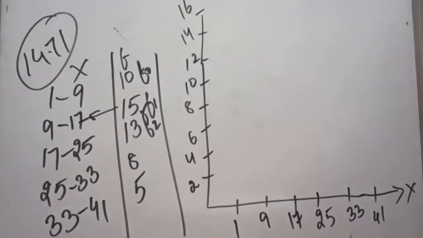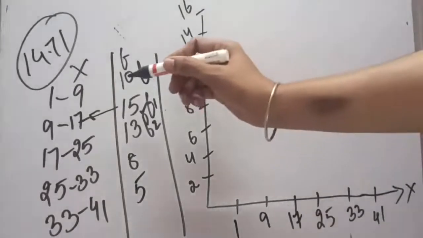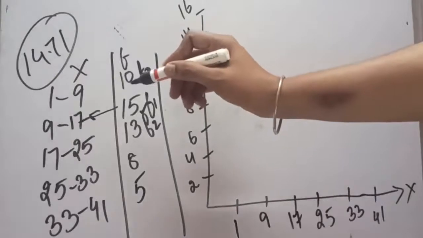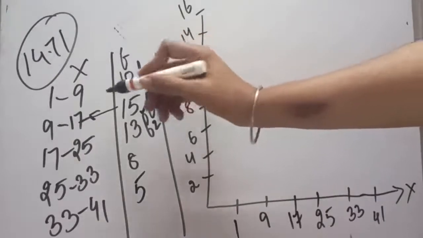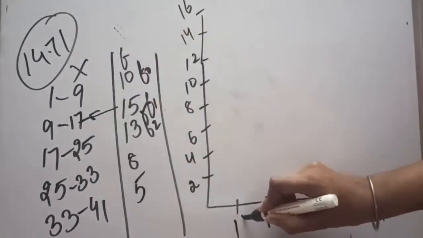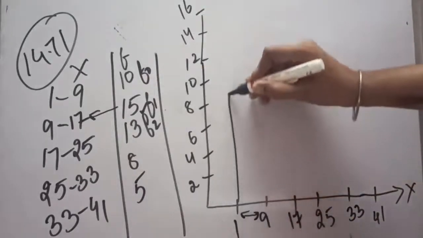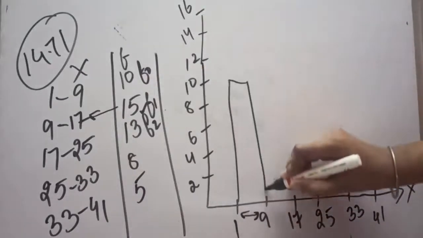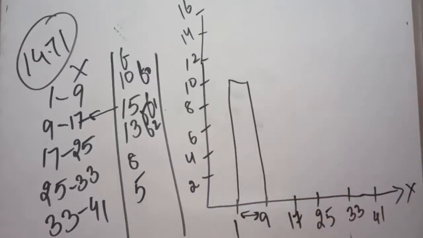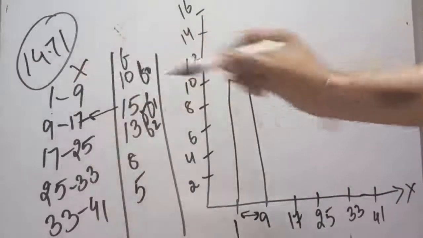Now let us plot these points. First, at 1, you have to go from 1 to 9. This is our 1 to 9 slab, and we go up to 10. So we will prepare a histogram like this till 10. Next is 9 to 17, where the frequency is 15.